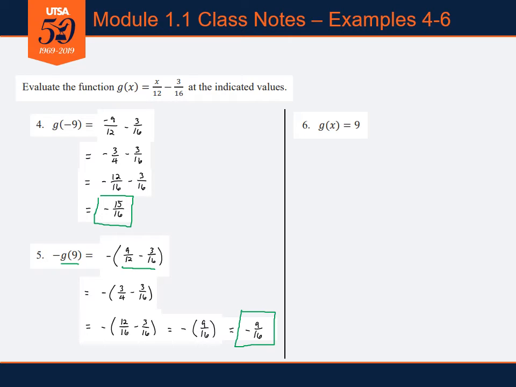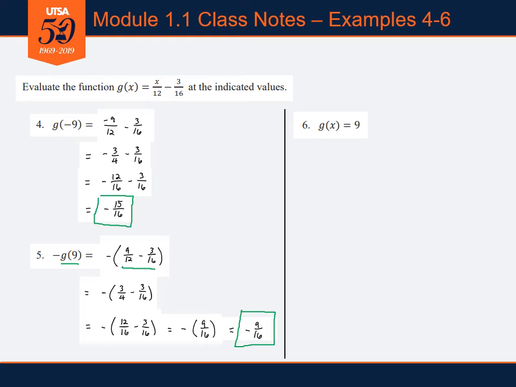Finally, in question number 6, we still have g of x, we still have a value of 9, but this is something quite different. In numbers 4 and 5, we were given an input value, we were given an x value, and we were finding the corresponding y value, the output value.